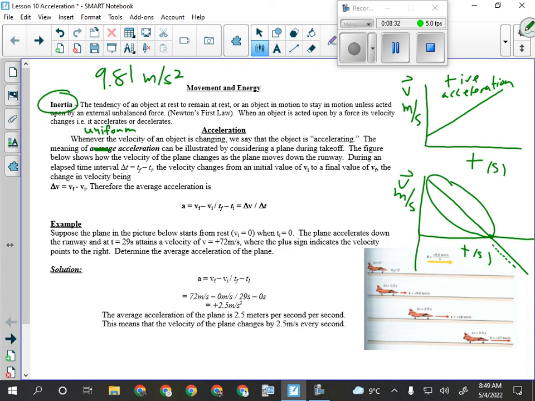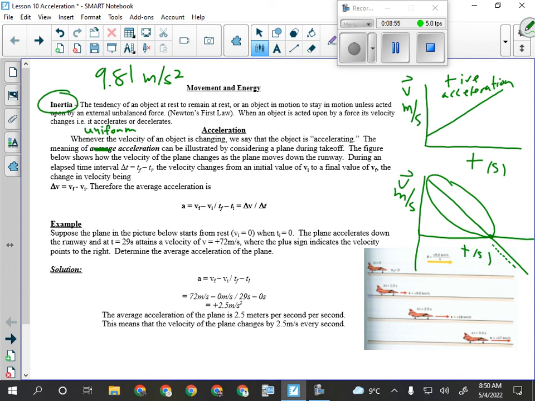So if an object falls for 2 seconds, it is at that point moving faster than any human can run. It'll be moving at 19.62 meters per second. That's really fast. That's why you don't want to fall very far.